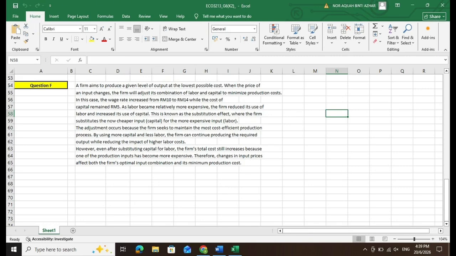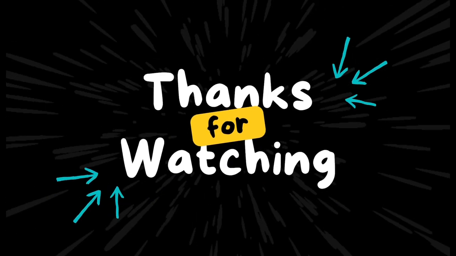This adjustment allowed the firm to continue producing 120 units of output while minimizing costs. Therefore, when input prices change, the firm changed its combination of labor and capital to achieve the required output at the lowest possible cost. However, the total cost still increased because the price of labor become higher.